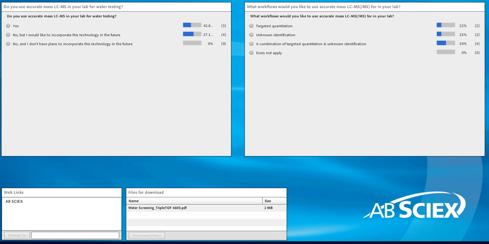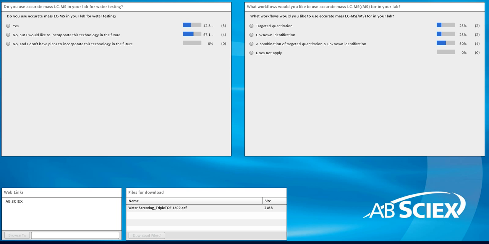So the results: we can see there's a mixture of people who are currently using accurate mass, and who are not using it but are looking to incorporate the technology. It looks like the majority of people are interested in a combination of targeted quantitation and unknown identification on their accurate mass system. Andre, did you have any comments on this?